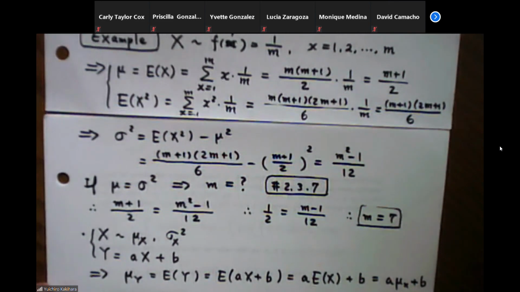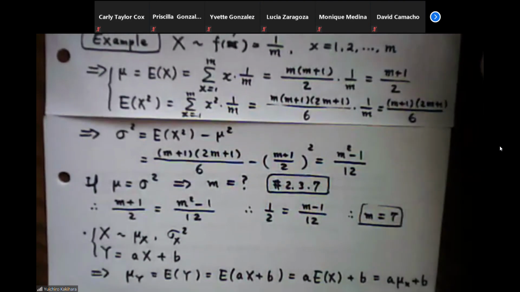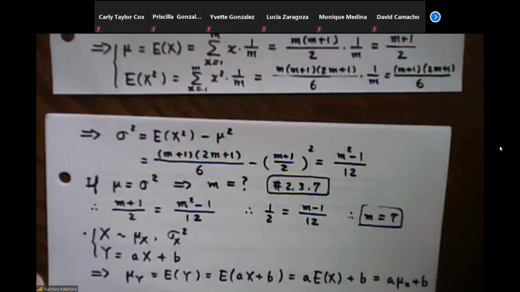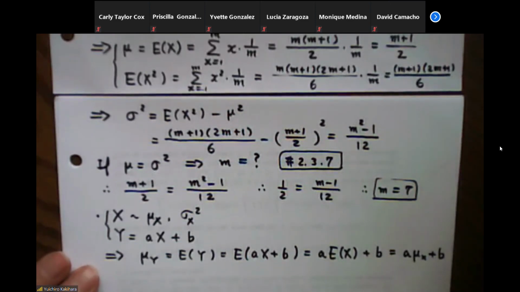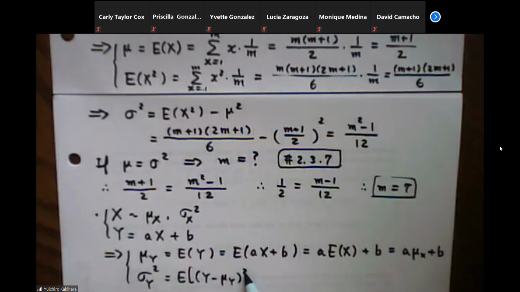What is interesting is the variance of y. How do you get the variance of y? The b is irrelevant. Only a is involved, and then a squared will come out. So sigma y squared, the variance of y, by definition is the expectation of (y minus mu sub y) squared.